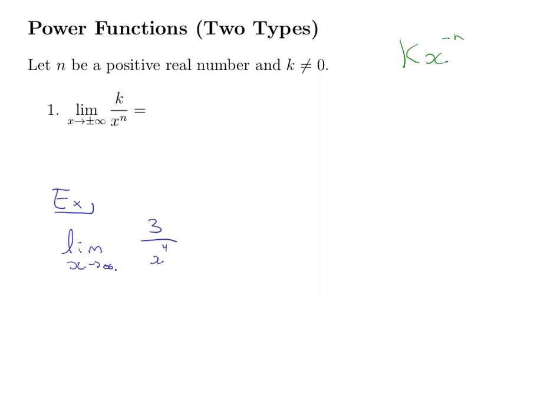Or what you could do is plug in some actual real test values. So go ahead and plug in big x values to this. Try and figure out what happens when x goes up to, I don't know, like 10,000 or 1,000,000 or something like that. Or take a look at the graph. I'll wait for a second, see what you've got.